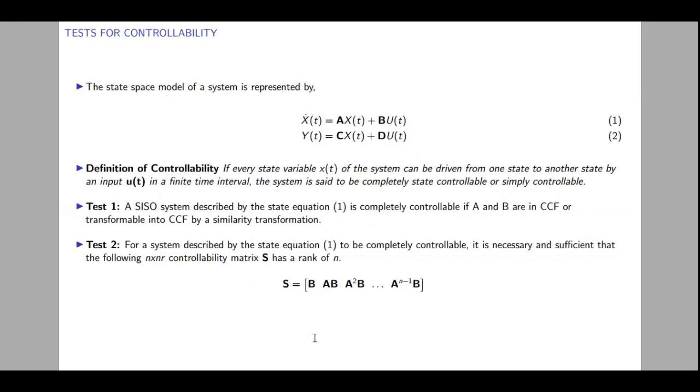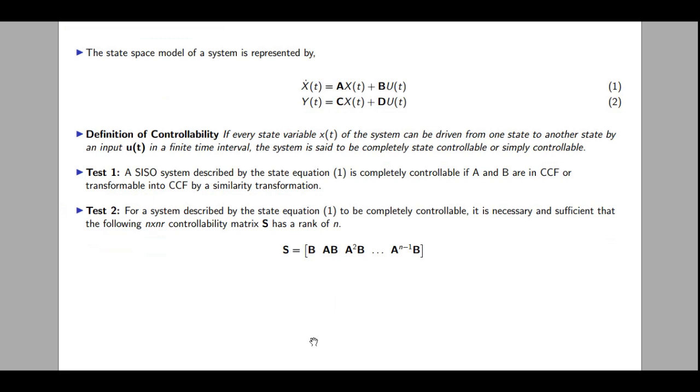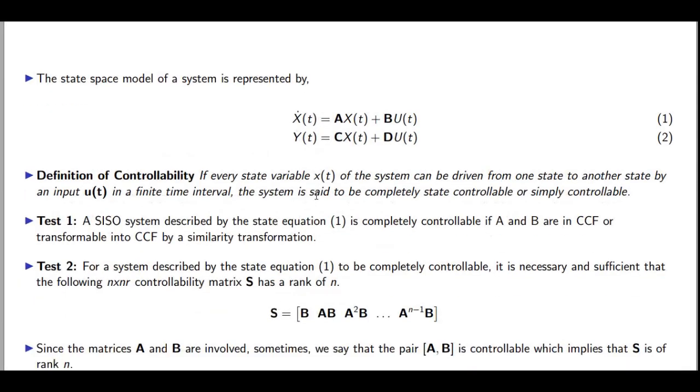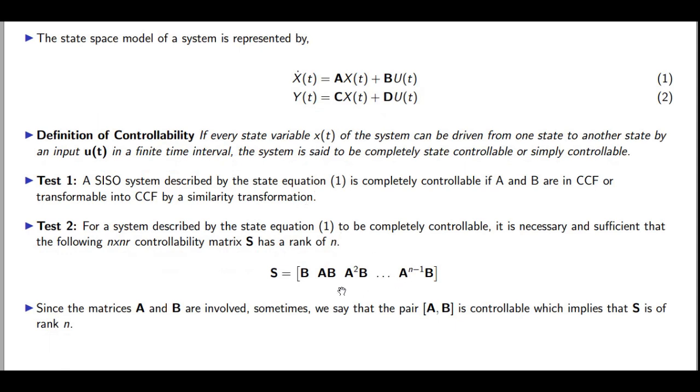Please note that we have not derived this, and only the results are given. One more thing to be noted here is that in this entire definition of controllability, whether it is the first test or the second test, the matrices involved are only A and B. So if I know the matrices A and B, I can say whether the system is going to be controllable or not.